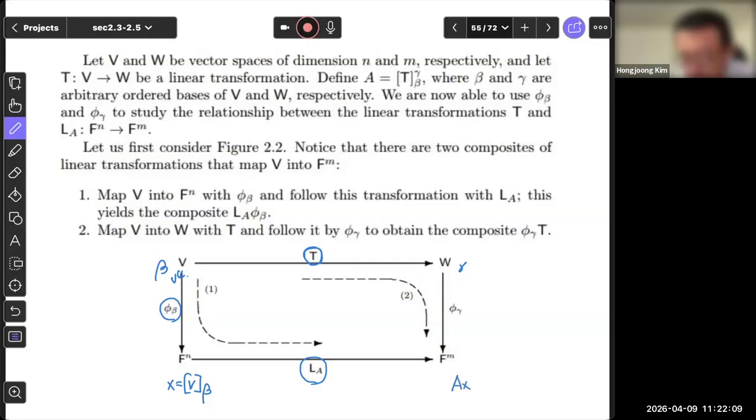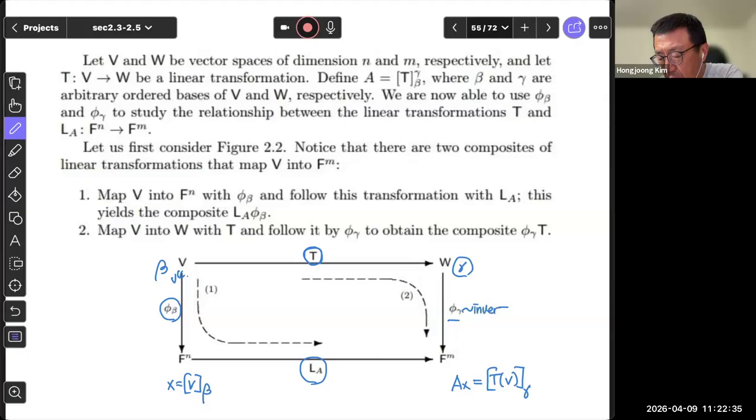And the theorem says that this A times x is the coordinate of the image with respect to gamma. Then since gamma is given and phi sub gamma is invertible, I can construct T of V.